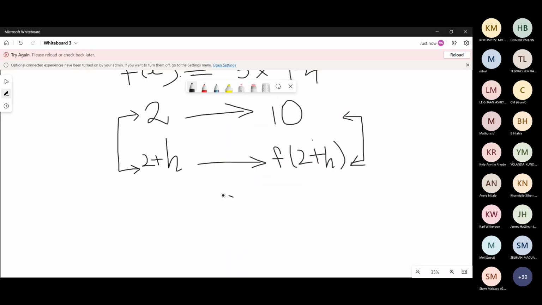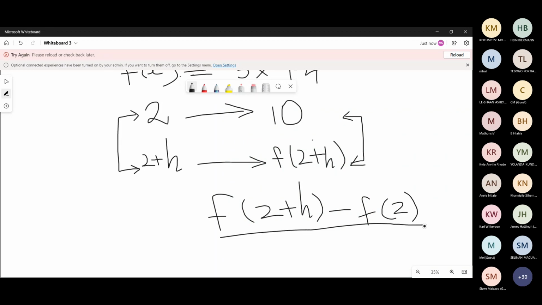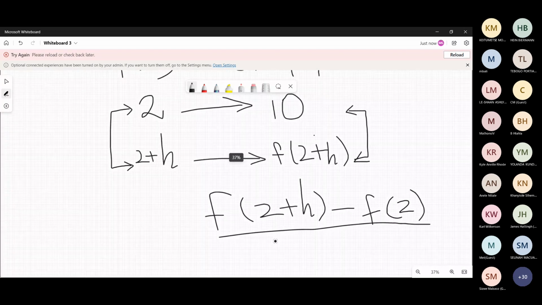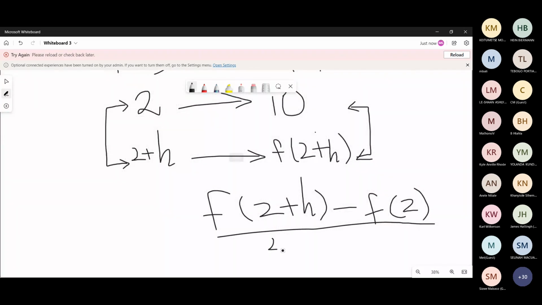So here we have f of 2 plus h minus f of 2, right? We divide by the change in the value of x. Here we have 2 plus h minus 2. This change, right?